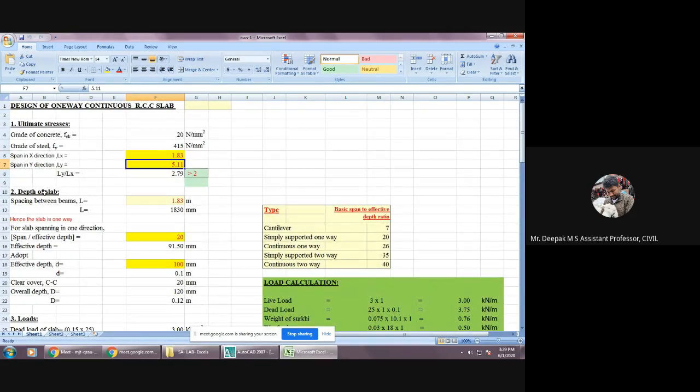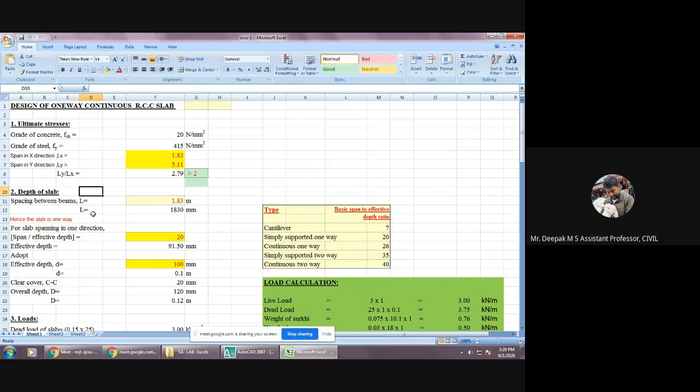Now, second step is depth of the slab. In order to find the depth of the slab, the important factor is the span in X direction or span in shorter direction. So the spacing between the beams, here I have considered only the center line, center to center distances.